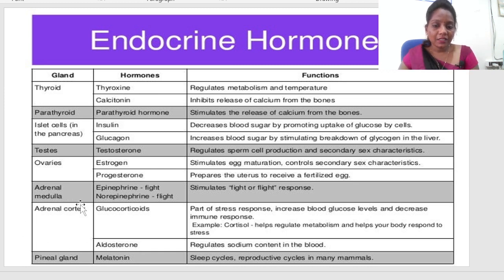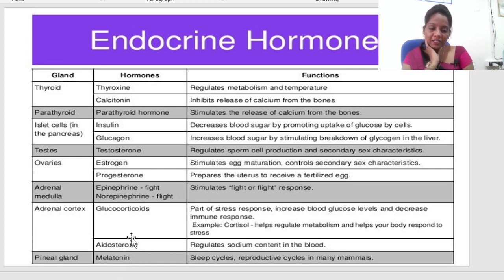In the adrenal gland, the medulla releases these two, and the cortex releases the steroids, called glucocorticoids and mineralocorticoids. Glucocorticoids are important as part of the stress response, increase the blood glucose levels and decrease the immune response. For example, cortisol helps regulate the metabolism and helps your body respond to stress.